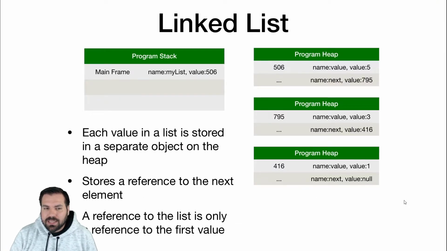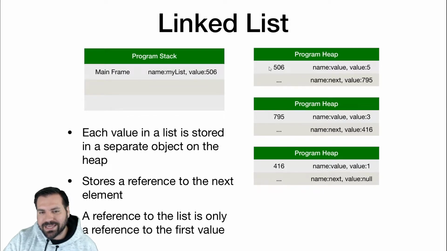Visually in memory, it looks like this. I have on my stack a reference to a linked list, which is only a reference to the first element in the linked list. So here in my stack, I'm going to have a variable. I named it myList here with a reference to 506.